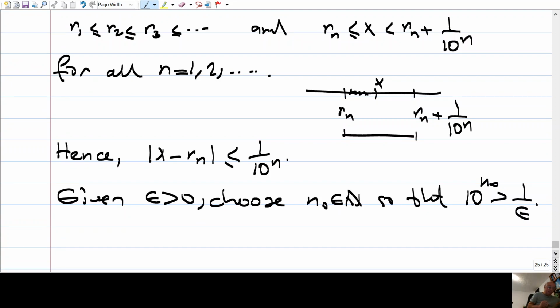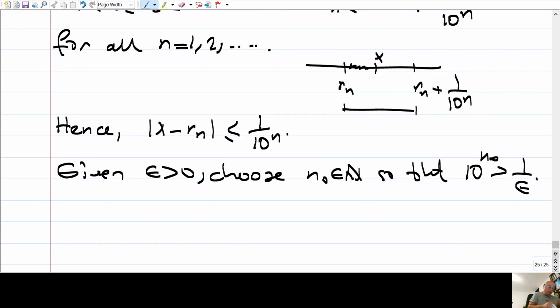I can do this because 10 to the power n0 is larger than n0, and you can prove it easily, and the set of natural numbers is unbounded, therefore 1 over epsilon cannot be an upper bound for natural numbers.